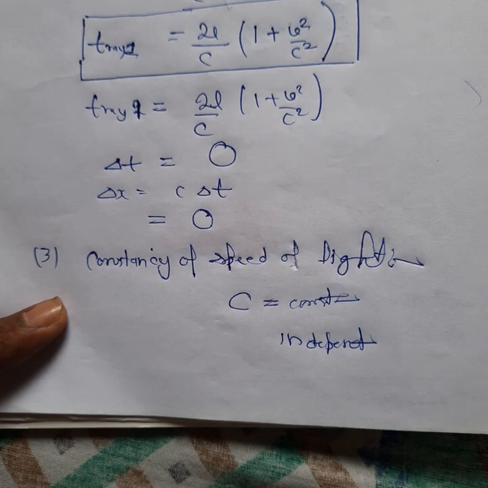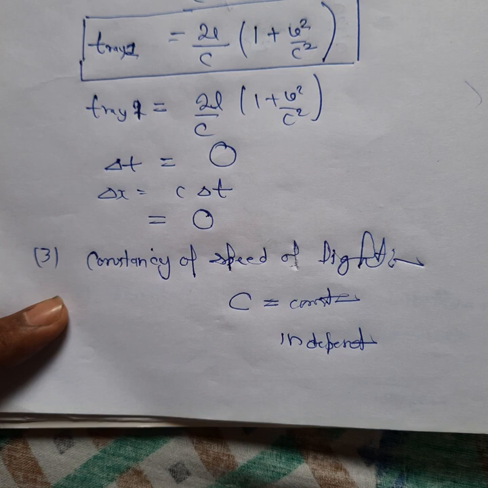According to Einstein, again I want to repeat, the speed of light is constant and it is independent of the position of the source and the observers. Using this explanation for the Michelson-Morley experiment, we see that time taken by the light to travel the two paths in the experiment will be the same, and hence there is no phase shift.